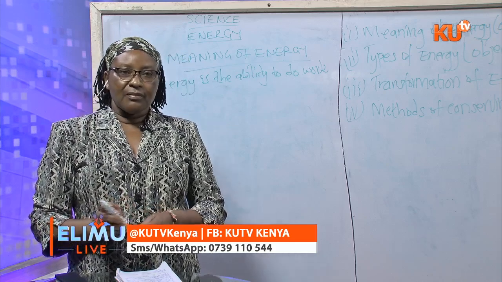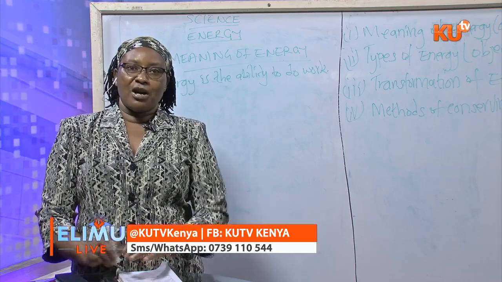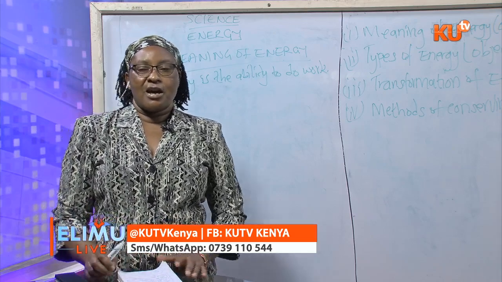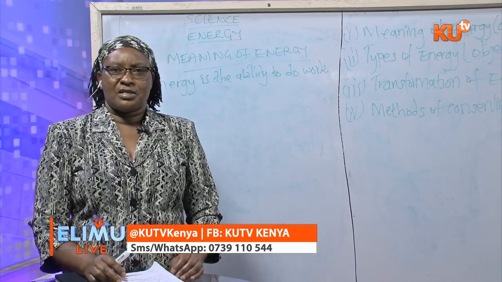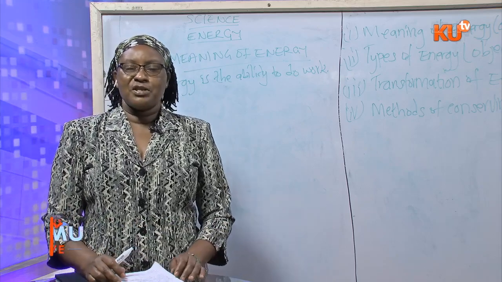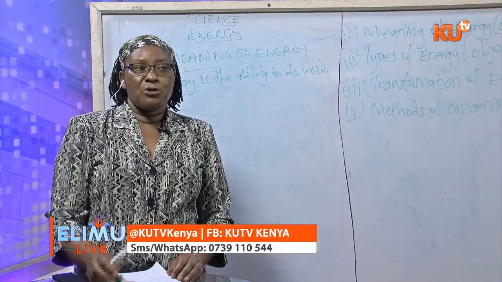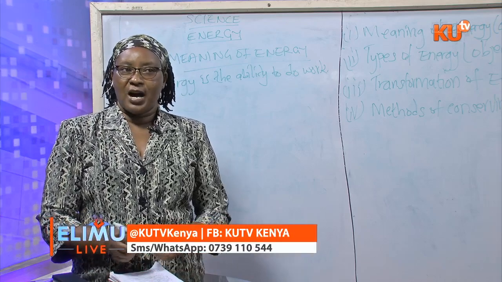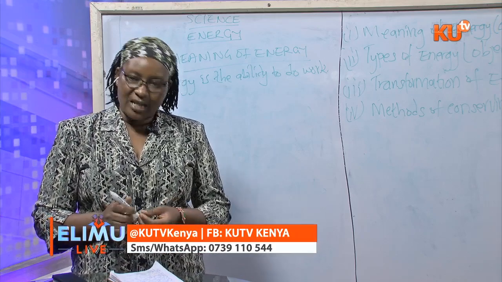Now, I'm here at the KUTV studio, and you can hear my sound from home. What am I using? What energy is being used here? If there is no power, my sound will not be transmitted to where you are. So the energy which is used here is from electricity.